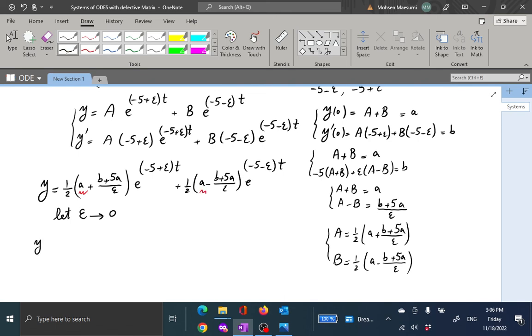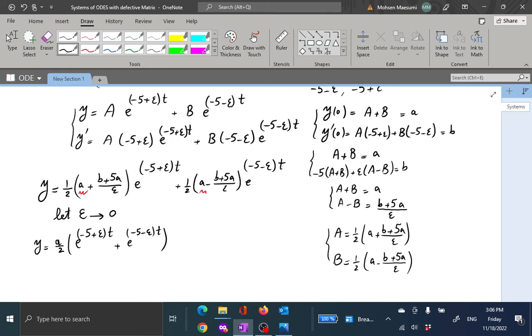So I'm going to say y is 1/2 of, let's factor the a as well, a over half of, this is exponential of minus 5 plus epsilon t, and the other one is exponential of minus 5 minus epsilon t. So I'm putting similar things next to each other.